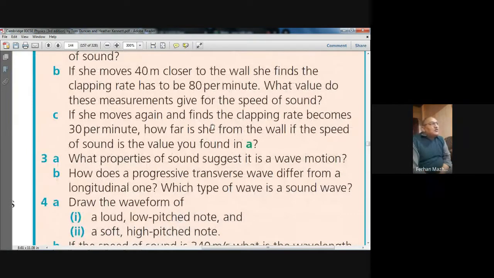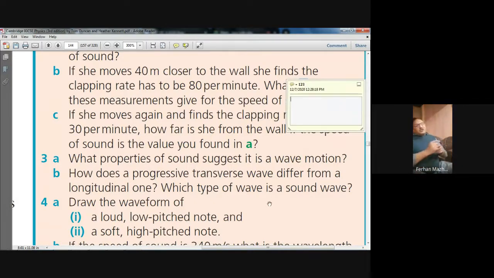The question says if she moves 40 meters closer to the wall, she finds the clapping rate has to be 80 per minute. What value do these measurements give for the speed of the sound? Now she has moved 40 meters closer.